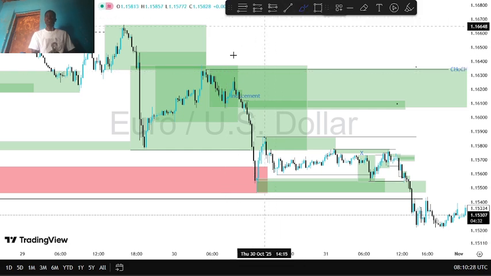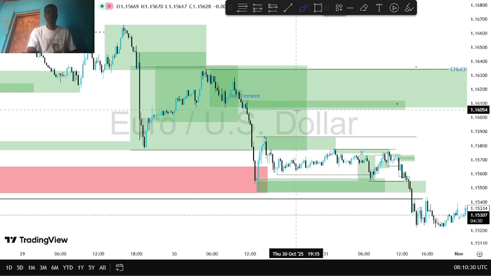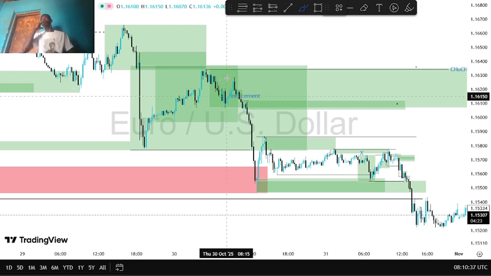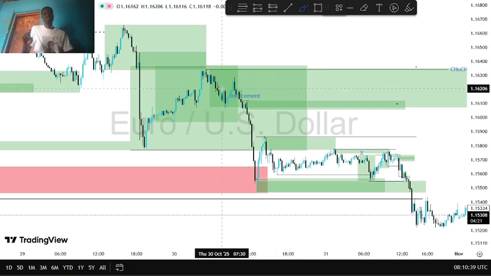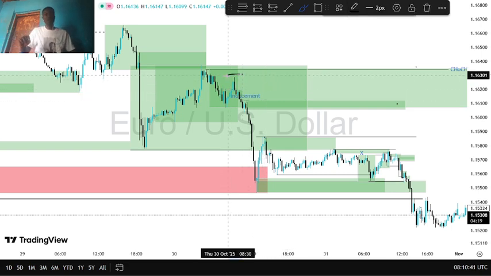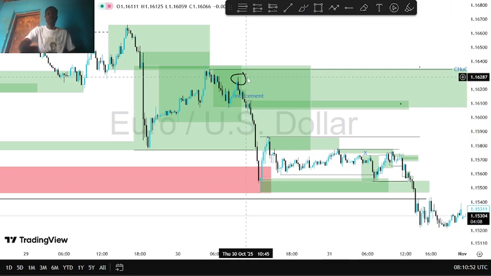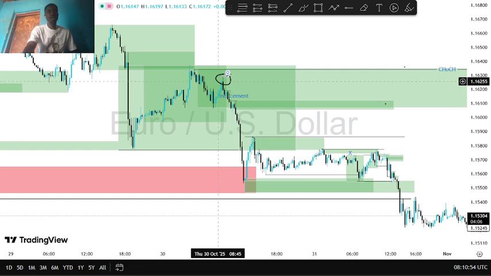The only structure that we could identify according to trade structures would have been this one, the top here, because the price moved impulsive, and you had some kind of pullback, and price continued the move and broke the structure.